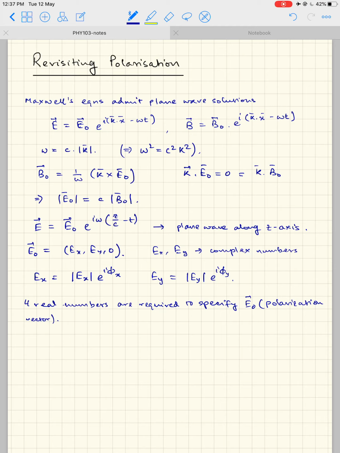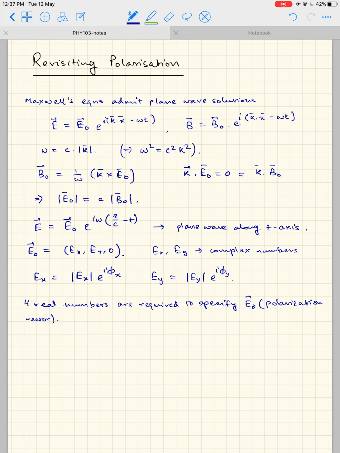Usually we will separate the phases into an overall phase and the difference of phase between Ex and Ey. The reason for doing that is as t and z change, the phases of Ex and Ey change in the same way, while this difference of phases will remain unaffected.